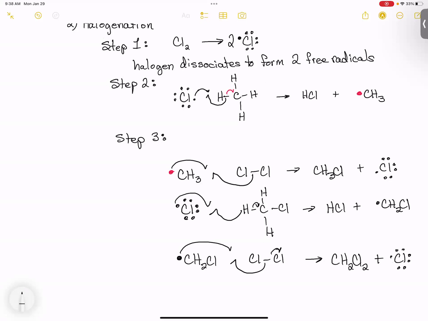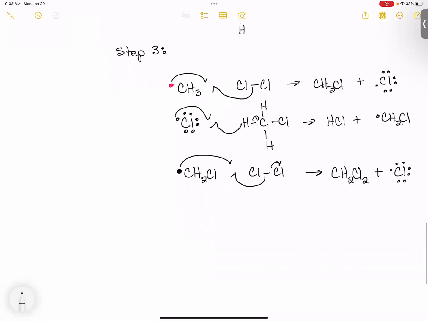Or until there's a termination step that occurs. So again, this process can keep going until you've halogenated every spot where there was originally a hydrogen, or until a termination step occurs.